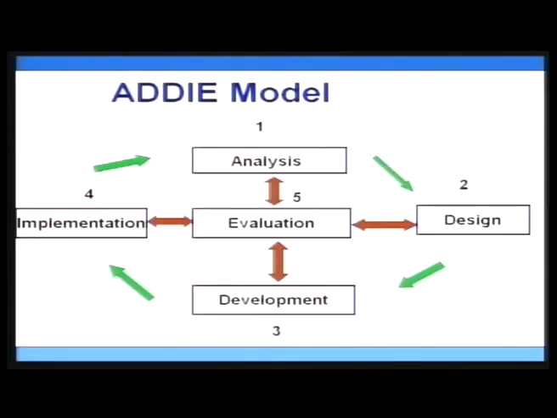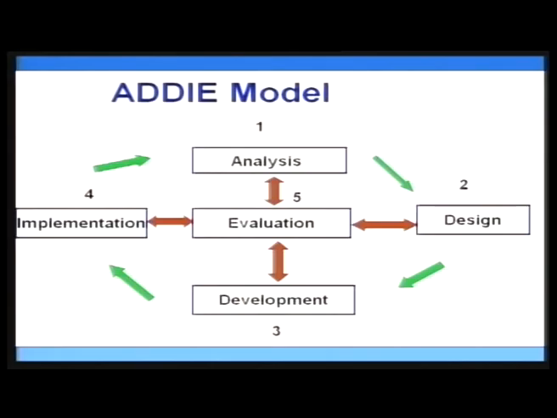There are many ways the ADDIE model is projected, and you can find them on the internet. If you see the arrows, they show you can do evaluation of design, of implementation, of development, and of analysis.